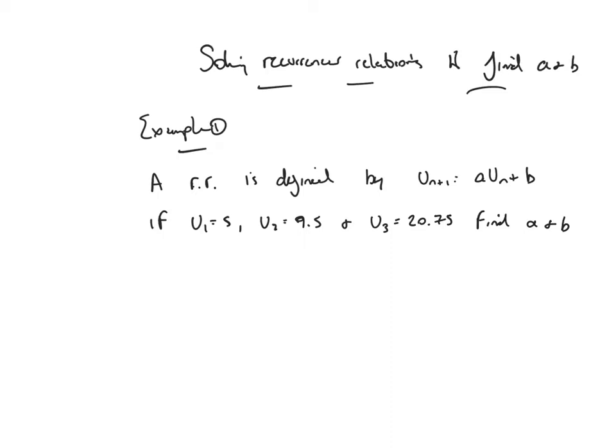Now, first thing, we know that with a recurrence relation, the previous term is given by un and the subsequent term is given by u(n+1). So if the previous term was 5, then the subsequent term would be 9.5. So we could plug that into an equation: if the previous term is 5, that would be 5 times A plus B, and then the subsequent term would be 9.5.